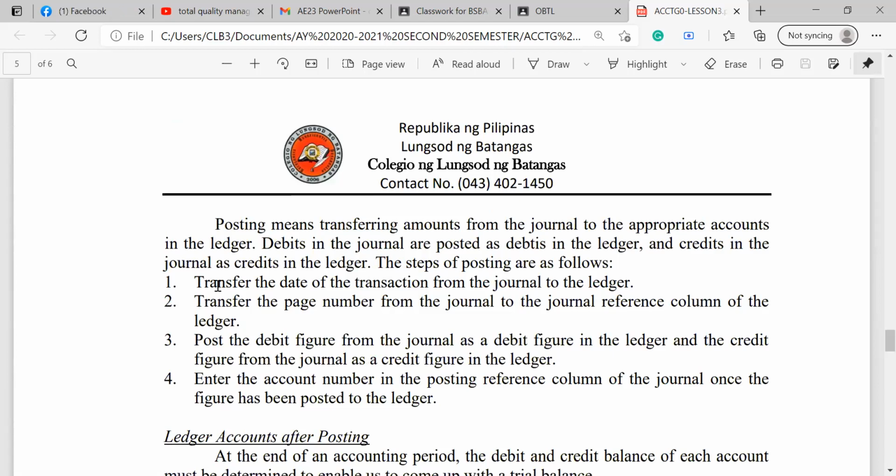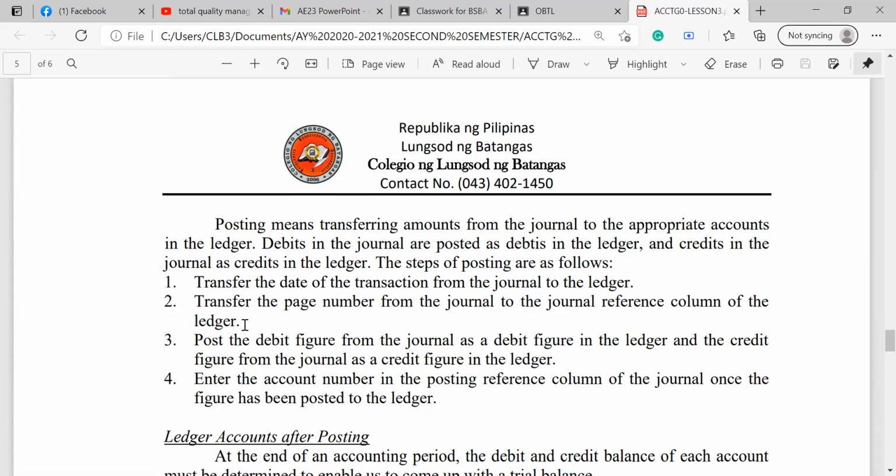Pero the steps in posting, first, you transfer the date. So, yung sa journal, may date sa journal, salin mo lang, gayahin mo lang yung date na nasa journal, lagay mo lang din sa date na nasa ledger. No? And then, yung page number na nasa journal, yung pinakita natin kanina, ilalagay mo lang yun sa journal reference column ng ledger. Okay? Tapos, kung debit figure siya na nasa journal, lagay mo lang din siya sa debit figure na nasa ledger. Kung credit, sa journal, credit din sa ledger.